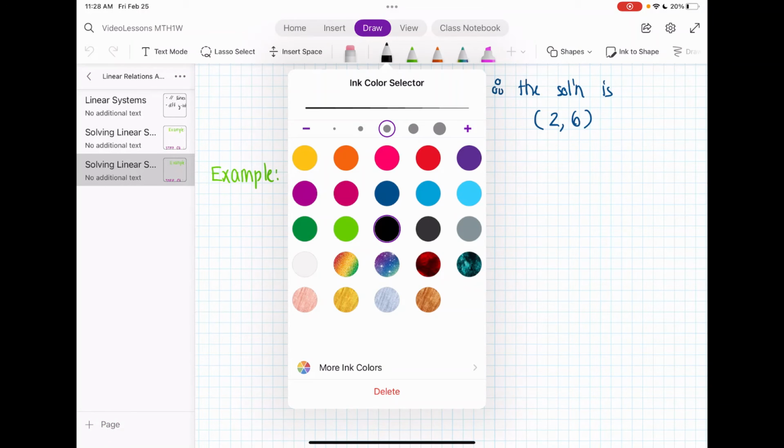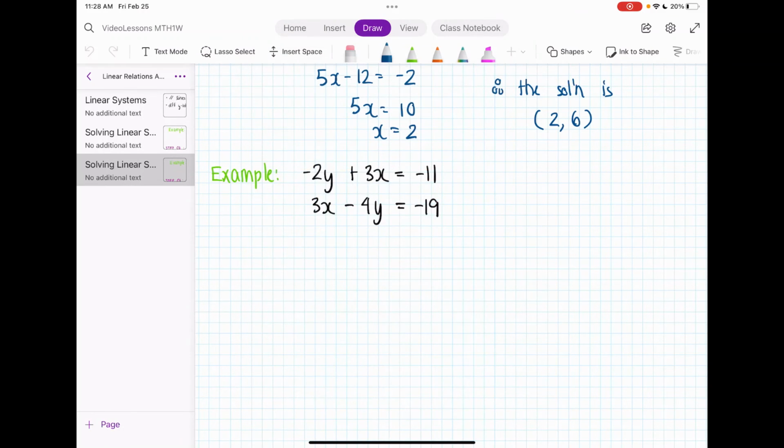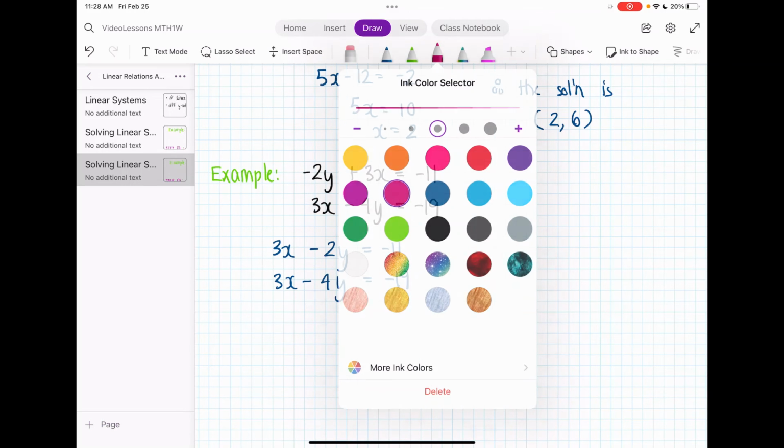So I'm going to rearrange the first equation. That part doesn't matter. So I'm just going to shift that positive 3x to come in front of that minus 2y. And now I'm going to put my equation numbers in.